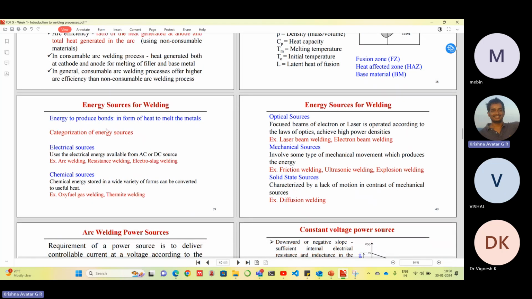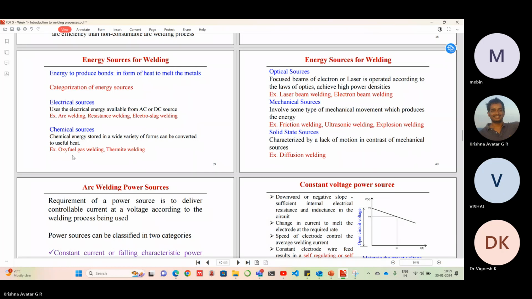Now, the energy to produce bonds can be in the form of heat to melt the metals, and the various energy sources are electrical sources, which use electrical energy available from a DC or AC source. We can have arc welding, resistance welding, and electroslag welding. Chemical sources utilize the chemical energy stored in the bonds.